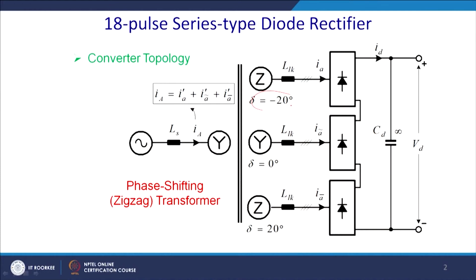a delta, and there will be a phase shift of 30 degrees, and you have seen that this will ensure cancellation of the fifth and the seventh harmonic.